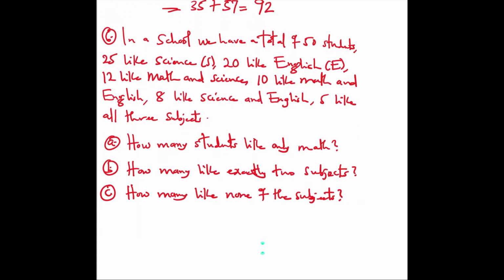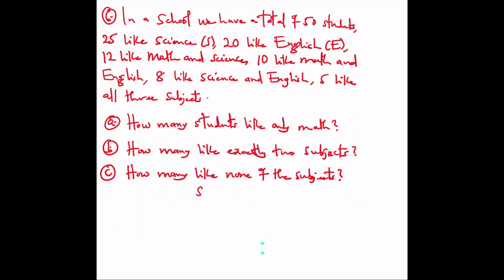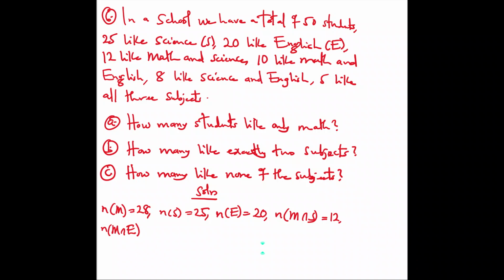So the first thing we do, we'll write out all the parameters we have. Number of students that like math is 28, right? Number of students who like science is 25. Number of students who like English is 20. Number of students who like maths and science is 12.